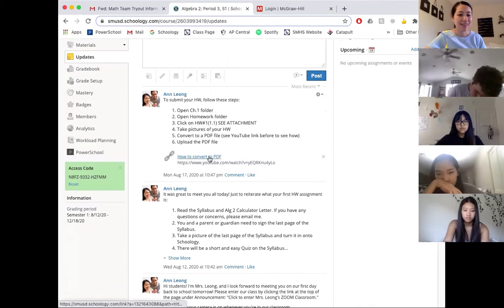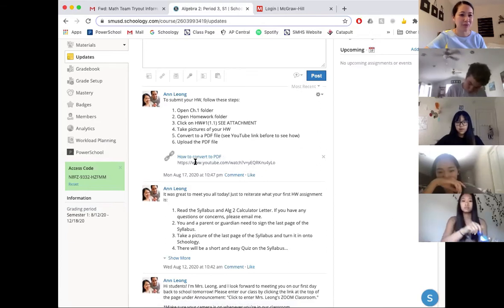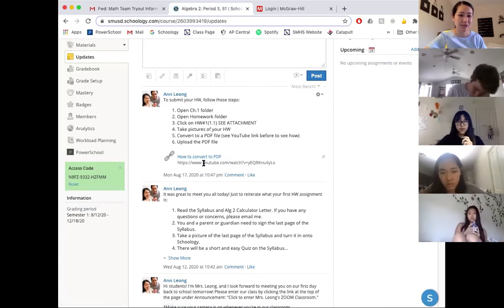I've included a link on how to convert your photos to PDF on your iPhone. If you have an Android, I have a different link, and you can email me for that. If you want to just download an app because it's faster, feel free to do that. But I need you guys to upload these homework assignments as PDFs, okay? So that's the first thing.